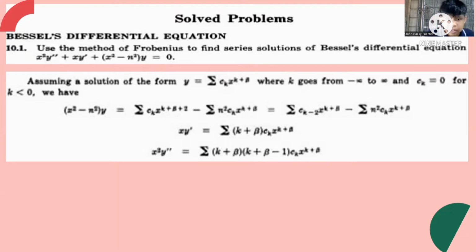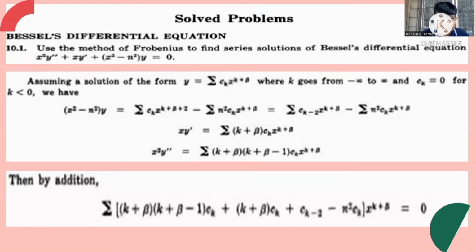I-differentiate mo lang siya ulit, and yung makukuha mo sagot is yung x squared y double prime is equals to the summation of (k plus beta)(k plus beta minus 1) c sub k x raised to k plus beta. I-relate mo lang siya pagka derive mo nung first term, then i-add mo lang siya.